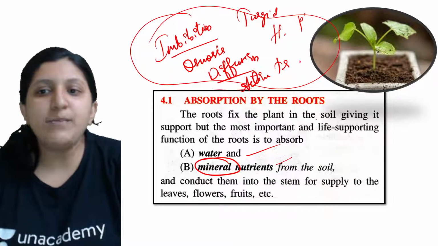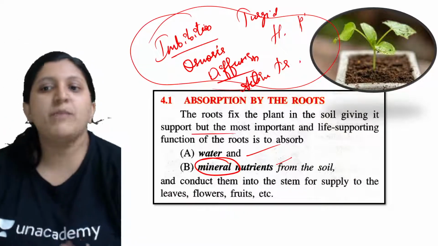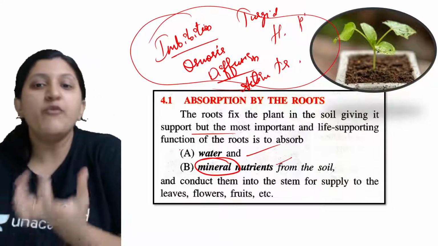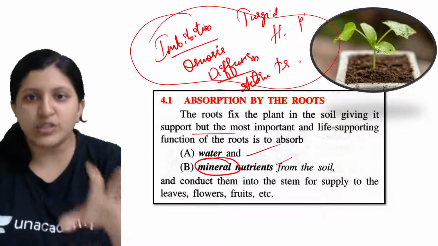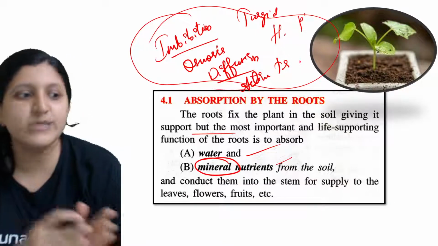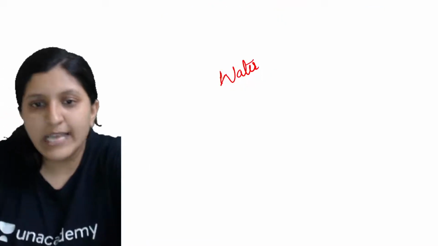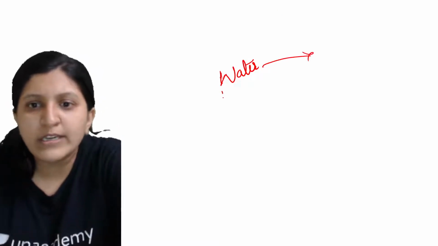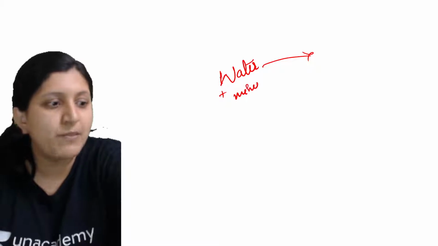Roots fix the plant in the soil, giving it support, but the most important life-supporting function of the root is water absorption and mineral absorption. At a time when water is being absorbed, along with the water there are minerals also being absorbed.